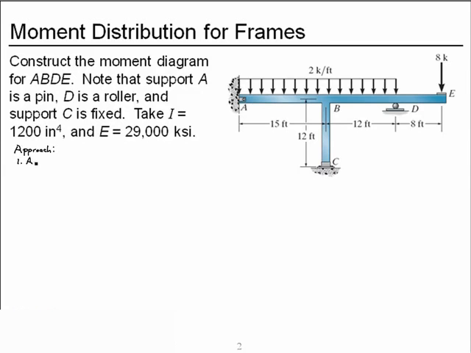We'll start by approximating part of the answer, so that we can have a way to evaluate the reasonableness of our results. And in the case of this, we'll approximate the vertical support reactions. To begin moment distribution, we'll need the stiffness and distribution factors.